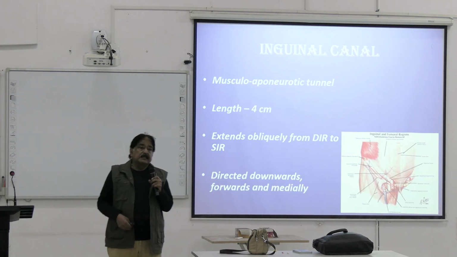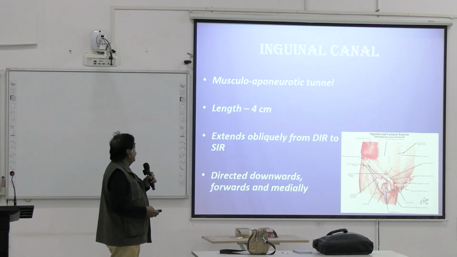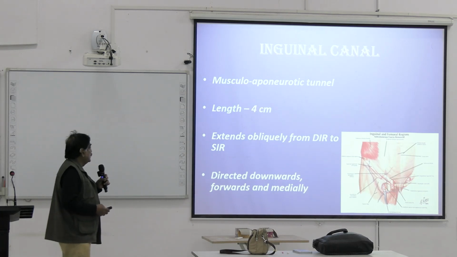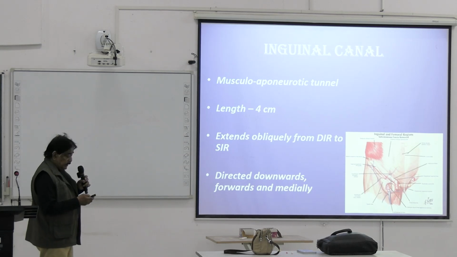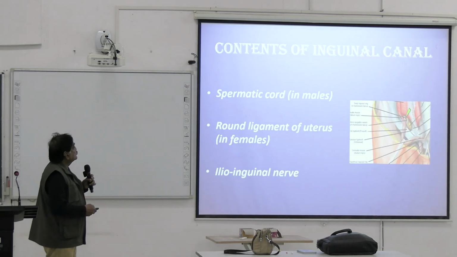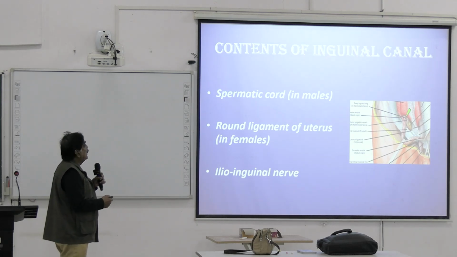But the testes comes down from the deep ring to the superficial ring, directed downwards, forwards and medially. Now, spermatic cord in males and round ligament of the uterus in females, the ilioinguinal nerve, are contents of the inguinal canal.